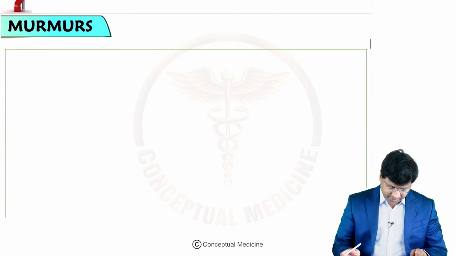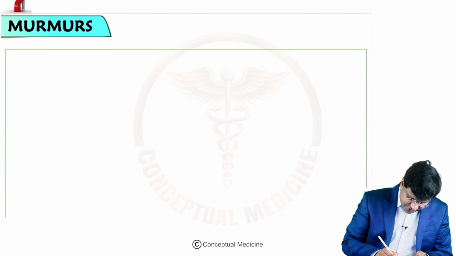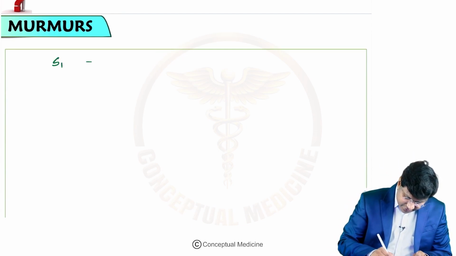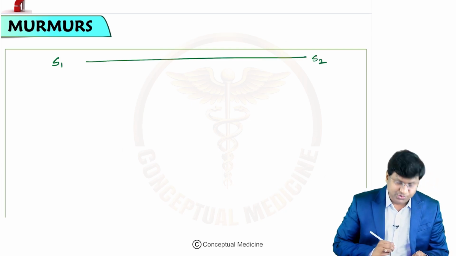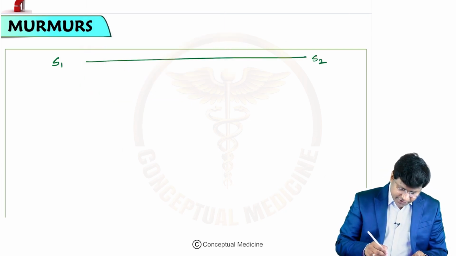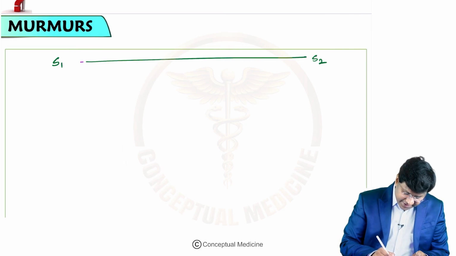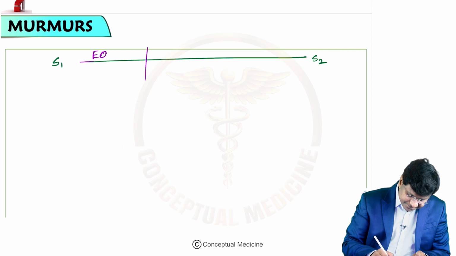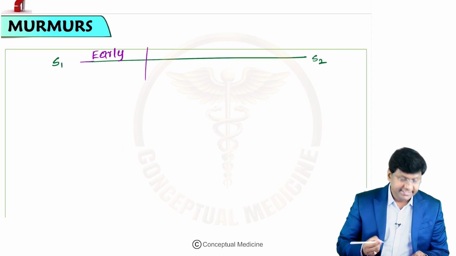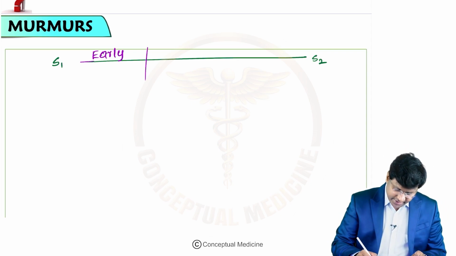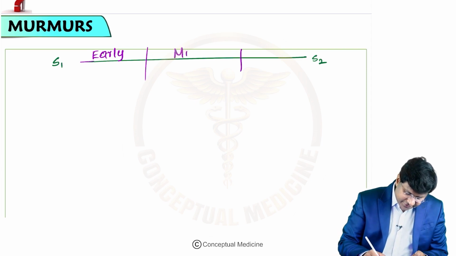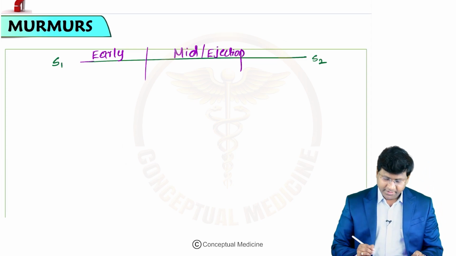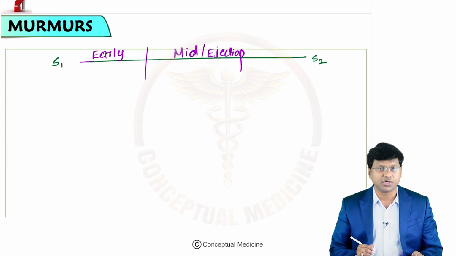Now let me discuss the systolic murmurs and I will also discuss this particular pansystolic murmur. Right. So, systolic murmurs are the ones heard between S1 and S2. If the murmur is heard in the early part of the systole, that will be your early systolic murmur, and if the murmur is heard in the mid part of the systole, that will be the mid or ejection systolic murmur.